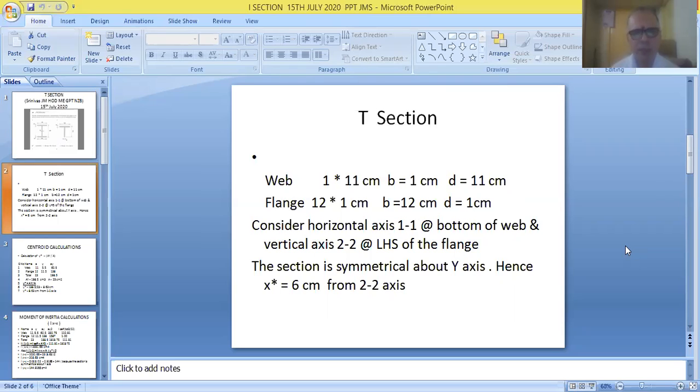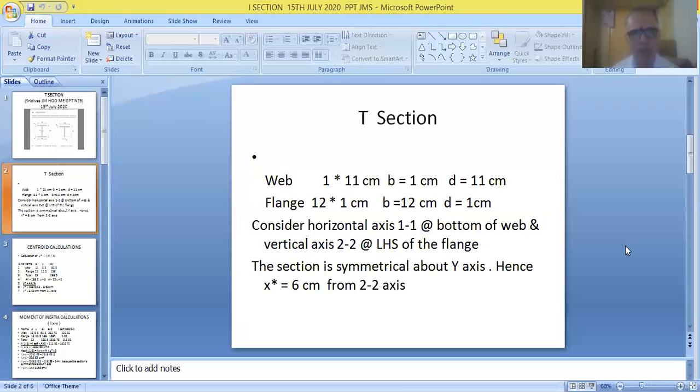For the first component, we'll be moving from bottom to top while making calculations. So we have to make web calculations. The web is taken as first component, and of course, the flange is placed above the web, so it is taken as second component.